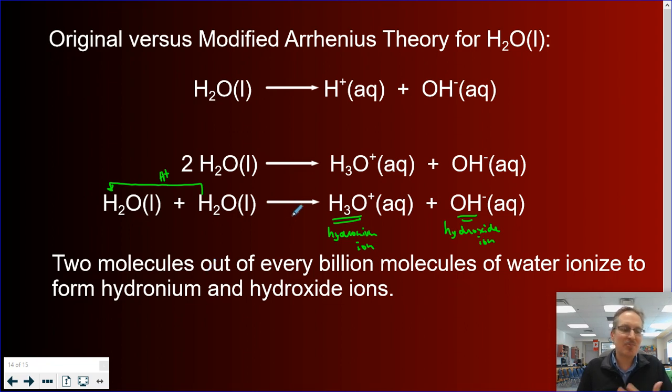If you want to think of this in percent yield, that means this occurs less than 10 to the negative 7 percent, less than 0.0000001% of the time. So this is a very small percentage. However, if you think about how many molecules of water are in a beaker or in a bucket, we're talking about billions. And so it does occur in there.